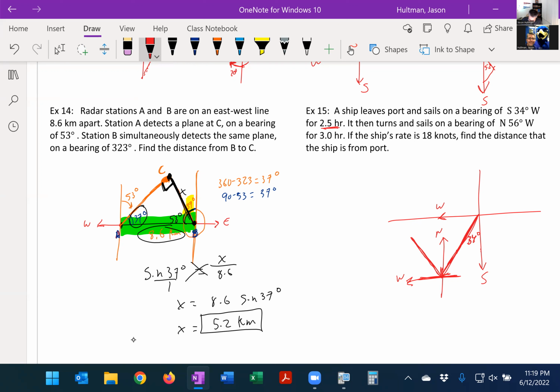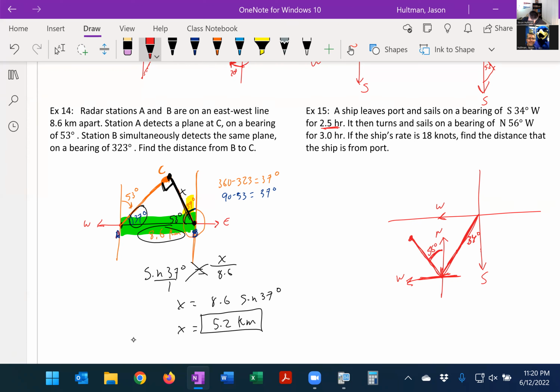And we always start the angle from the north-south line. So this angle here is going to be 56 degrees.